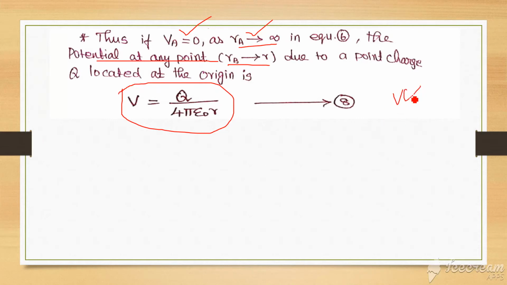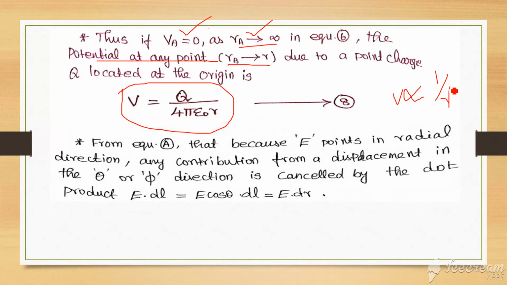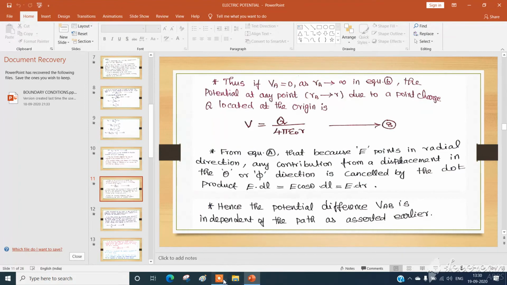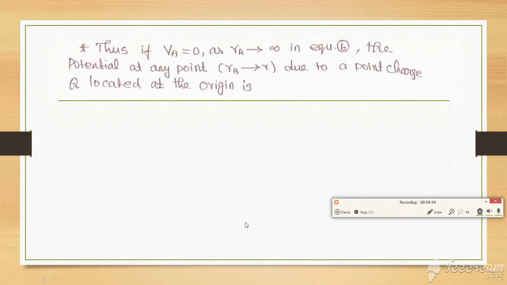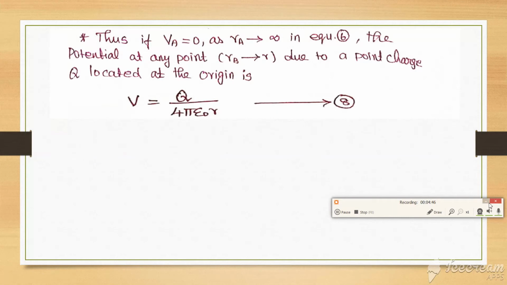So generally potential is proportional to 1 by R due to a point charge.